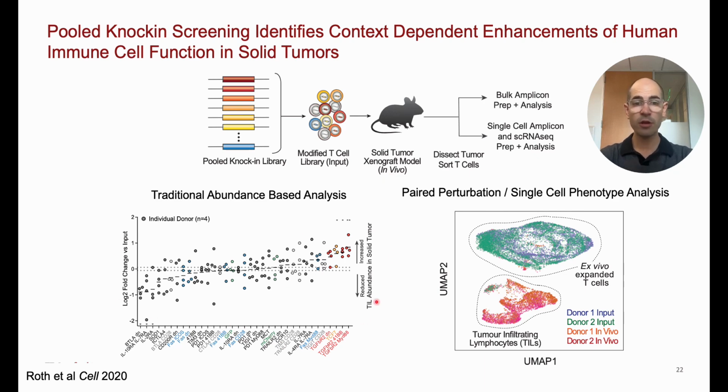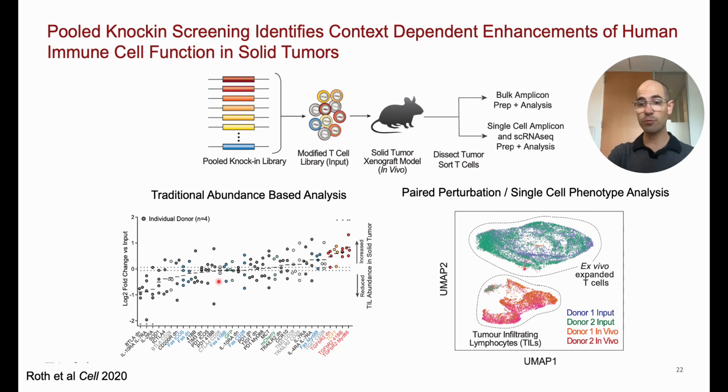And on the left here is what you would get by traditional abundance-based screening. And so we find a variety of constructs that enrich inside the tumor relative to the input population compared to controls or the rest of the library.